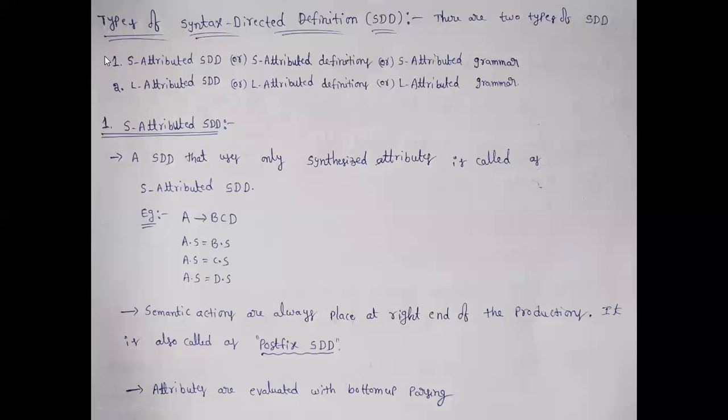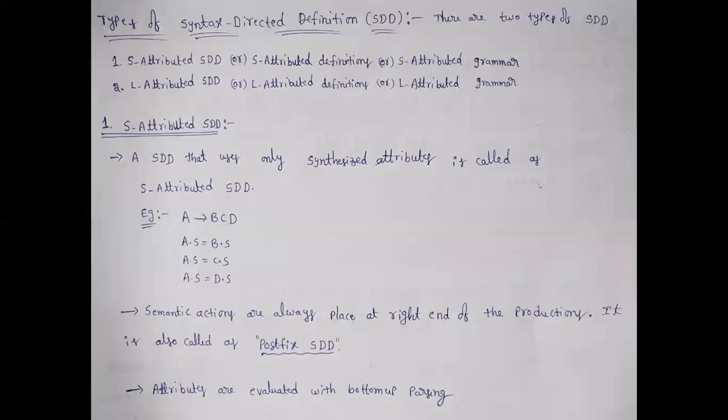Okay, so what is S attributed syntax directed definition? Here, a syntax directed definition that uses only synthesized attributes. What are synthesized attributes? We take the value from its children. That is called the synthesized attribute.